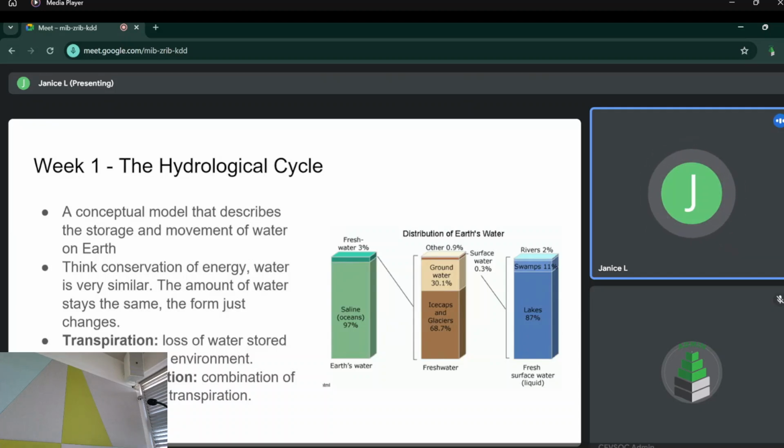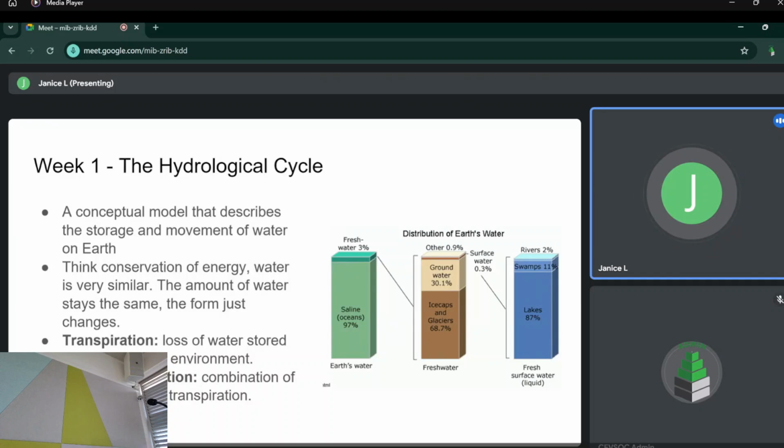It's in two parts. There's storage and there's the movement. Movement of water between these systems, you're talking about evaporation, sublimation, runoff, condensation, precipitation, transpiration, etc. So the list goes on and on. You can think of conservation of energy. Water is very similar.